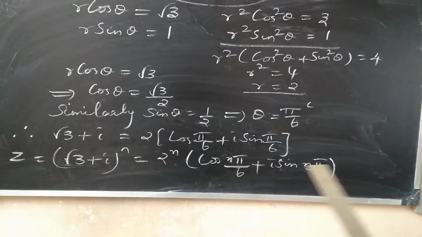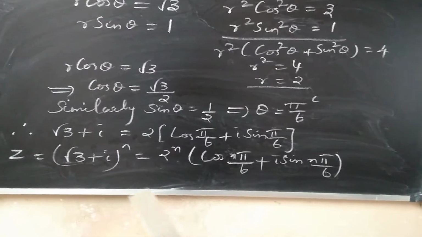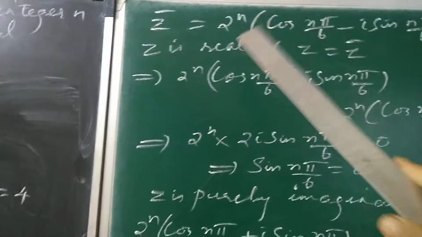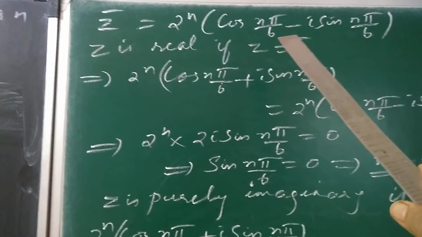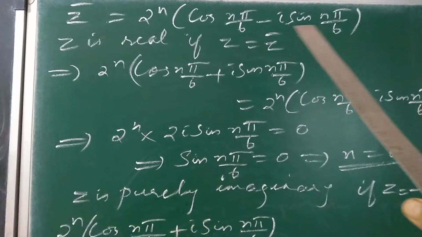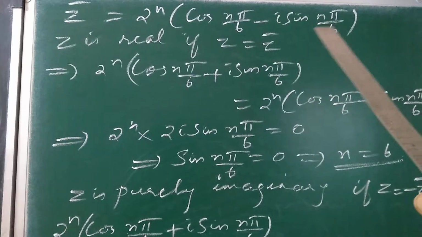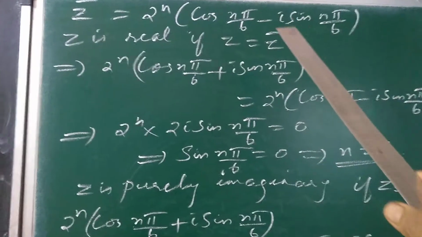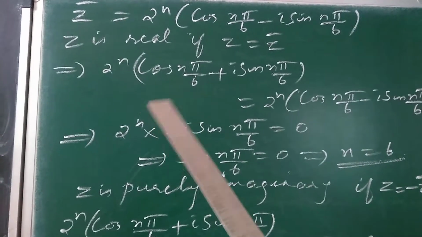So this is written according to that theorem. Please understand, this is our z. So what is z bar? Z bar is 2 power n into (cos n pi by 6 minus i sin n pi by 6). Only the sign of the i term changes, or the imaginary part of the complex number will have a change of sign.